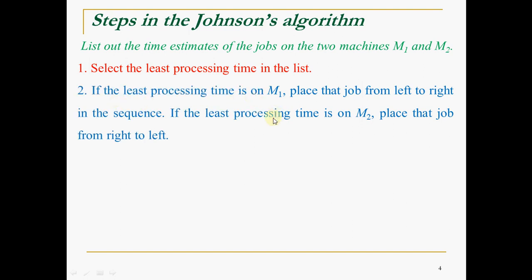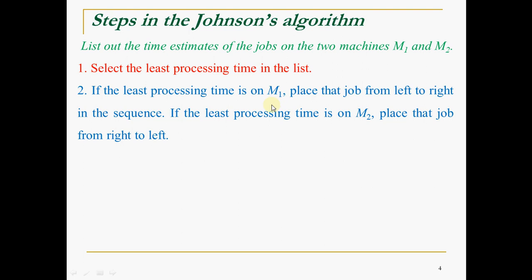If the least processing time is on machine 1, that is M1, place that job from left to right in the sequence. If the least processing time is on machine 2, that is M2, place that job from right to left. You select the least processing time from the entire table.